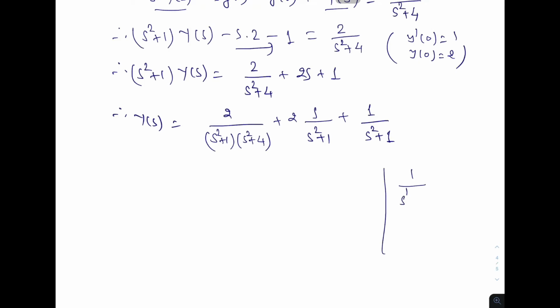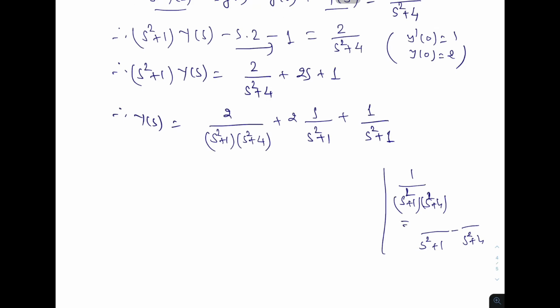1 upon (s square plus 1)(s square plus 4), this can be written like this. You can easily adjust that part: if I write a minus sign here, then this is (s square plus 4) minus (s square plus 1), so that will be 3.